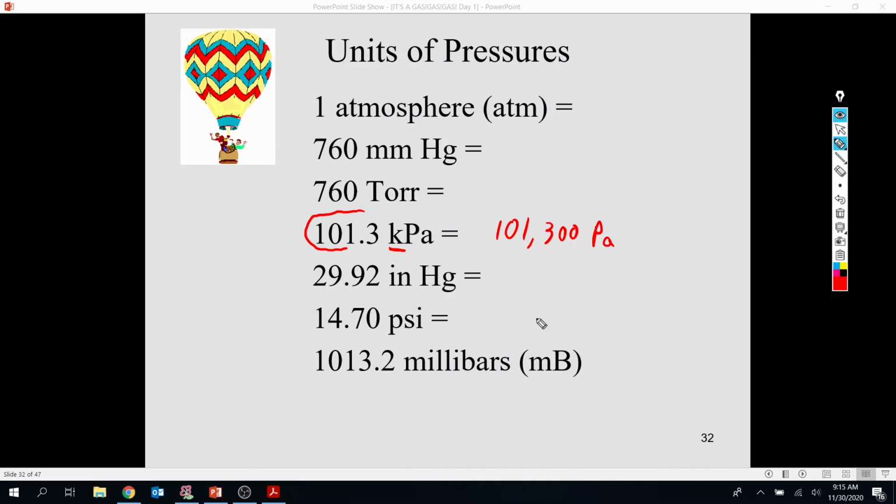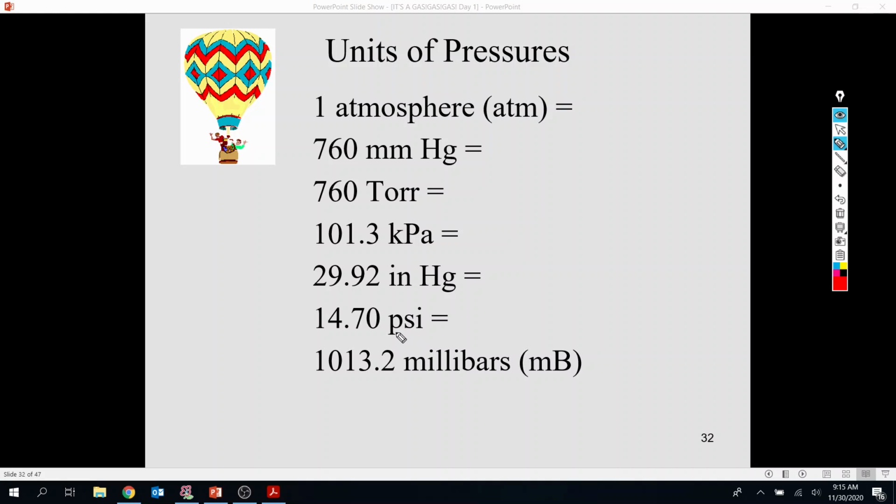Let's see. So let's clear this off for just a moment. 29.92 inches of mercury, not to be confused with millimeters of mercury. So anyway, that is inches of mercury, and 14.7 psi, which again, psi is what we're used to having our tires at.